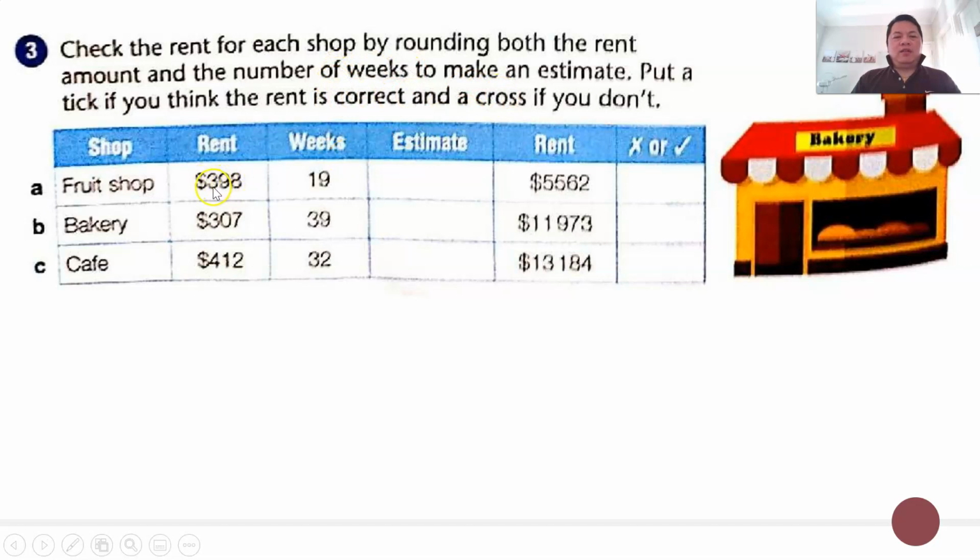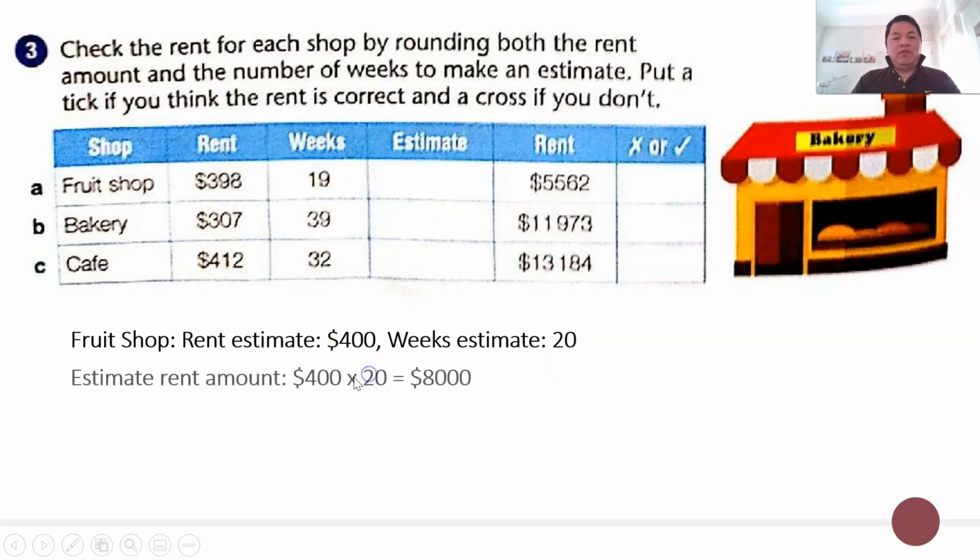So the fruit shop rent rounds to 400, and the number of weeks is about 20. So the estimate will be 400 times 20, which is 8,000. You put 8,000 here. If you look at the estimate and the rent, they are far apart, isn't it? The difference is quite big. So I don't think the calculation of the rent is accurate. So I put a cross there.